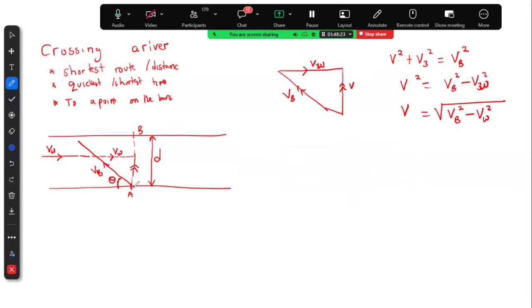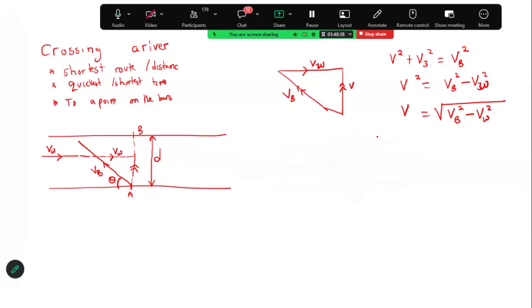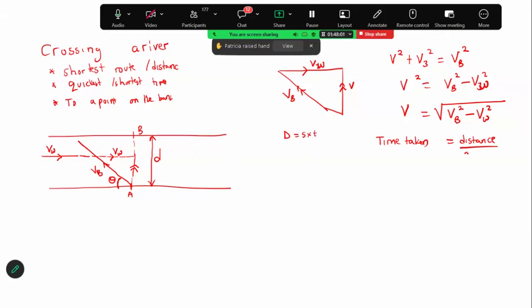Now, still on the same number here, they can ask you to obtain the time taken. If I'm finding the time taken to cross from point A to point B, what do I do? Still you use distance equals speed times time, so time taken is going to be the distance divided by our speed. For this case, dear friends, always take into account that the distance you want is this d, which is A to B. But what speed?